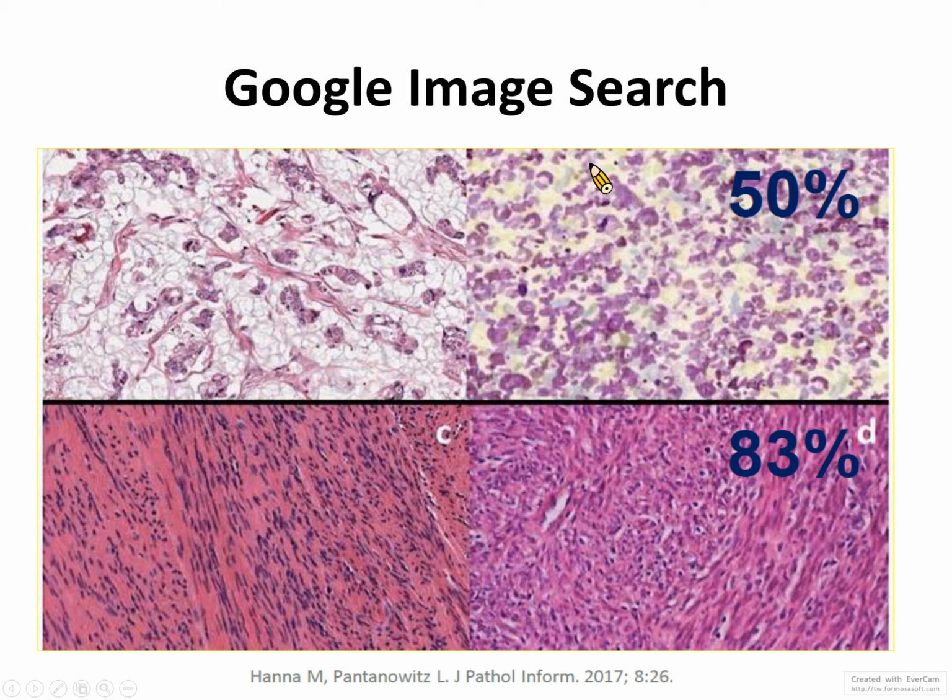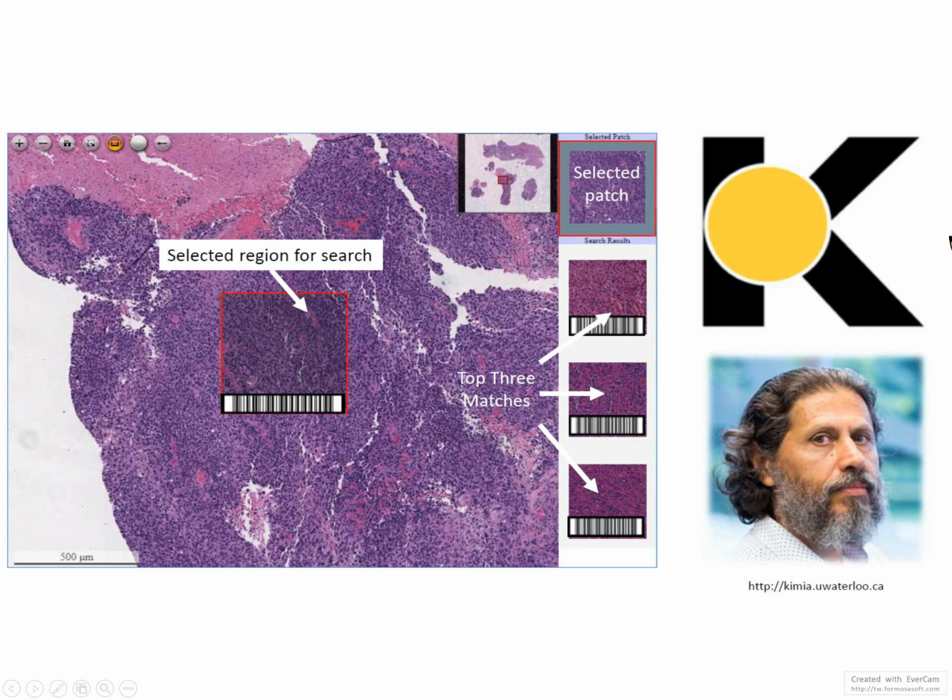But for the cancer tumor, it was about 50%. So even the Google image search, with some basic mechanisms of pattern recognition, can do the job of differentiating tumor and benign.